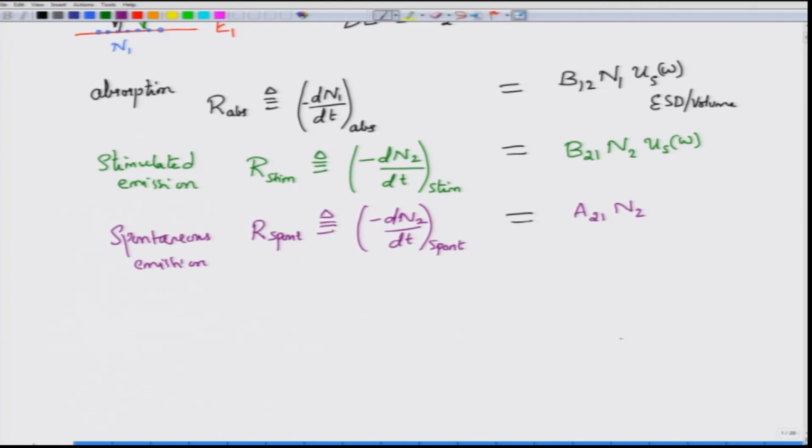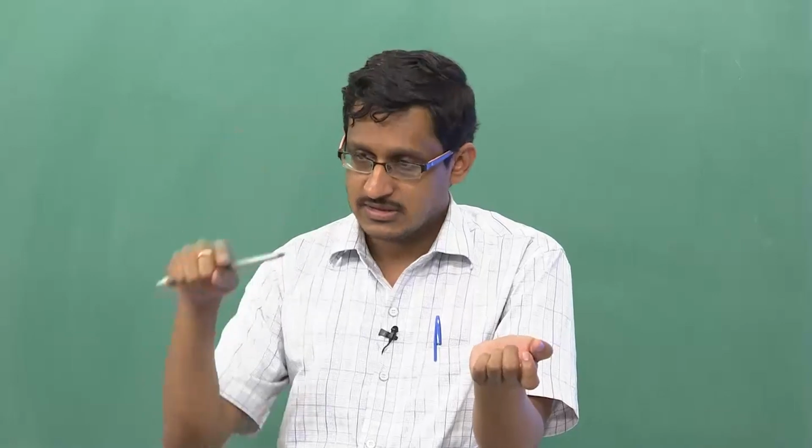For equilibrium, of course, you want all the processes to be balanced out. So, under thermal equilibrium, the rate of upward transitions must be equal to the rate of downward transitions. What are the transitions for upward transition? Only the stimulated absorption. For the downward transitions, you have spontaneous emission as well as stimulated emission.